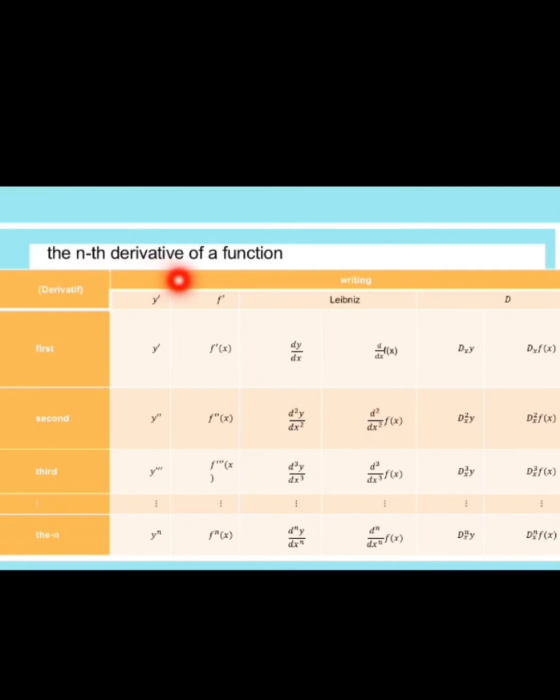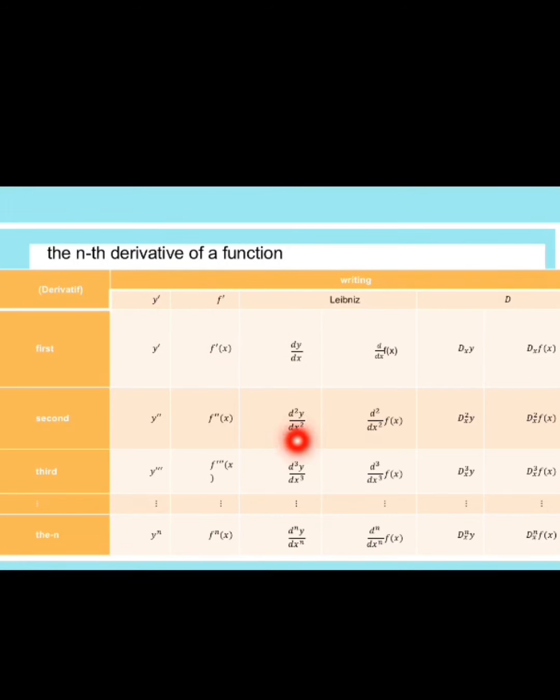The nth derivative of a function. So there is not only the first derivative. There is also the second derivative, the third derivative, and the nth derivative. We can write the derivative in three notations. Column number 1 and 2 is Lagrange notation. We say y prime, f prime.